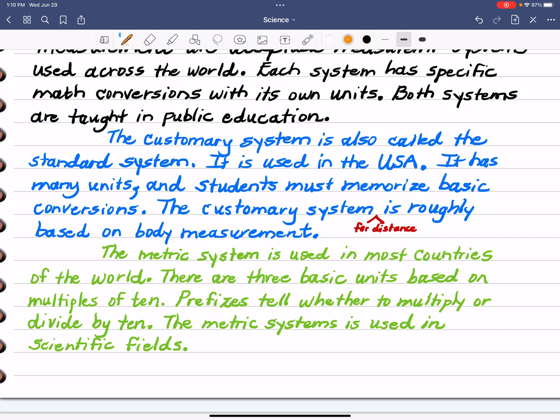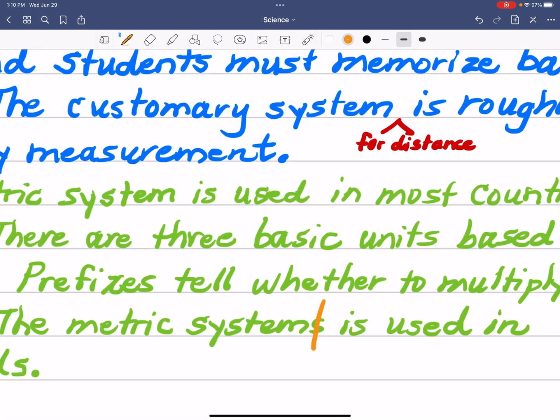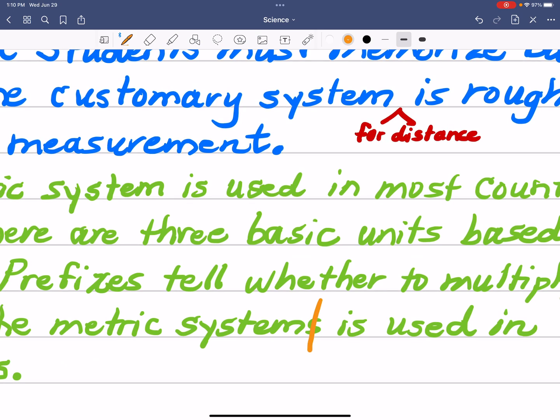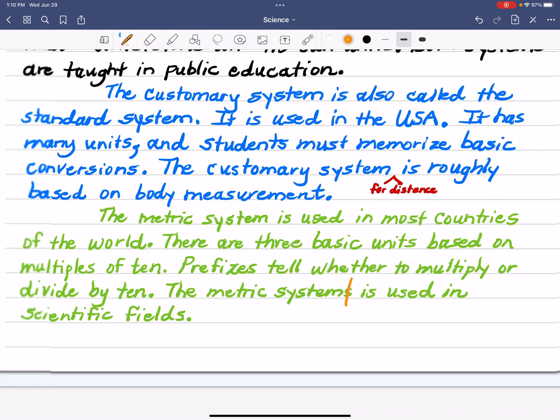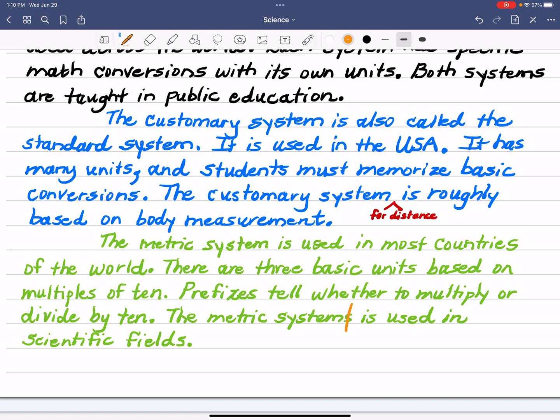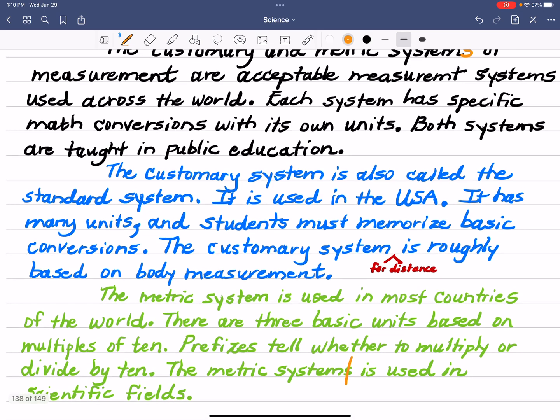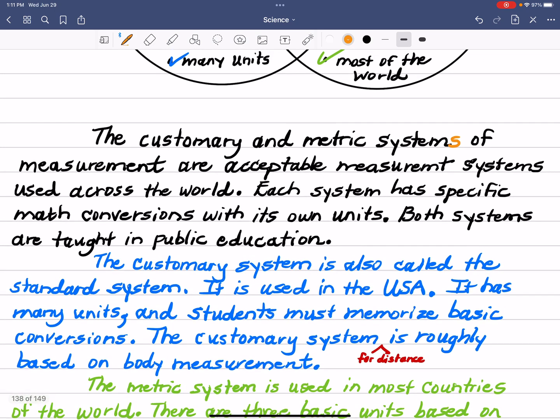The metric systems, okay, that's one system. We're only talking about metric, so we don't need the S there. We need to take that off. The metric system is used in scientific fields. Okay. I think that is all.